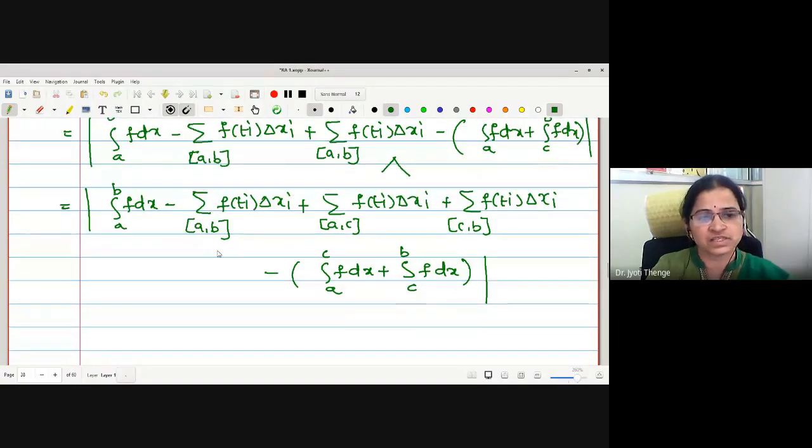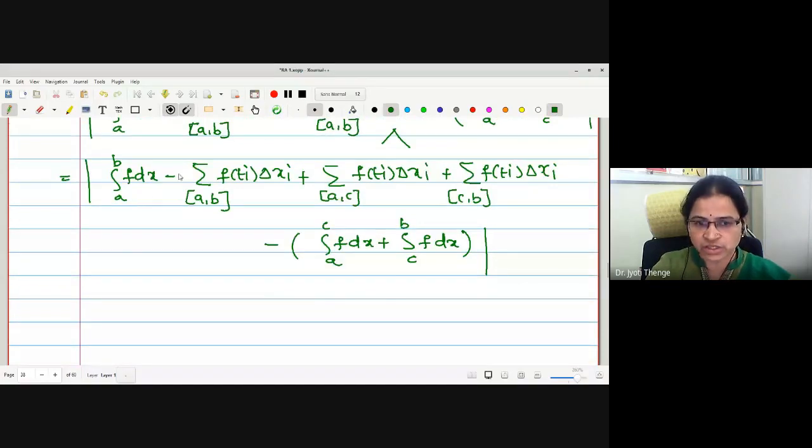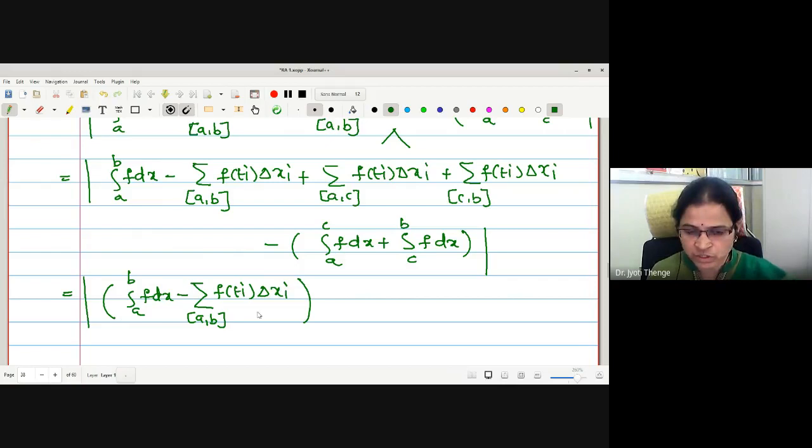The first interval is AB, the second is AC and the third is CB. Therefore, we will collect integration along with summation in brackets. The first bracket on AB: integration a to b f of dx minus summation on closed interval AB f of ti into delta xi. Integration and summation on closed interval AB we have collected in one bracket.